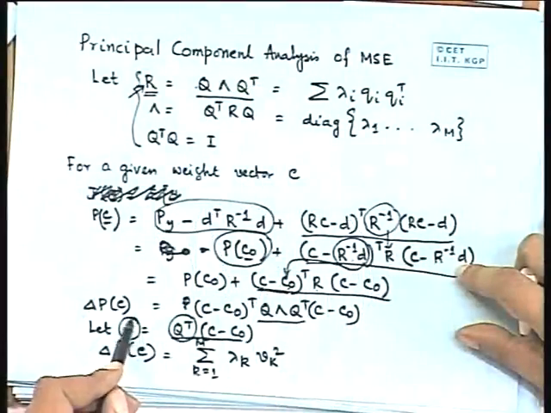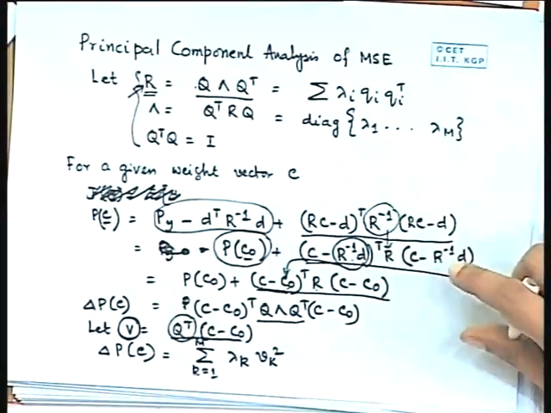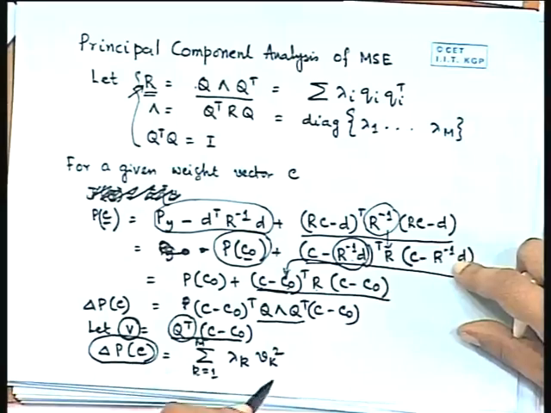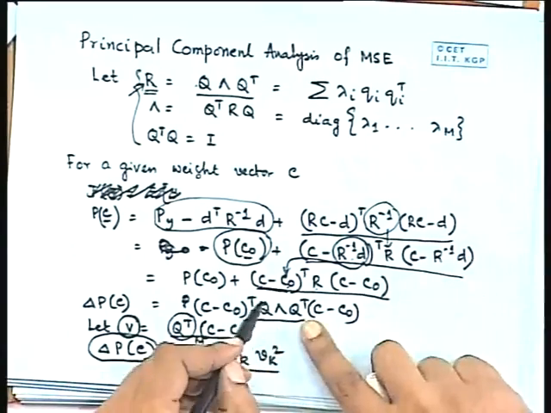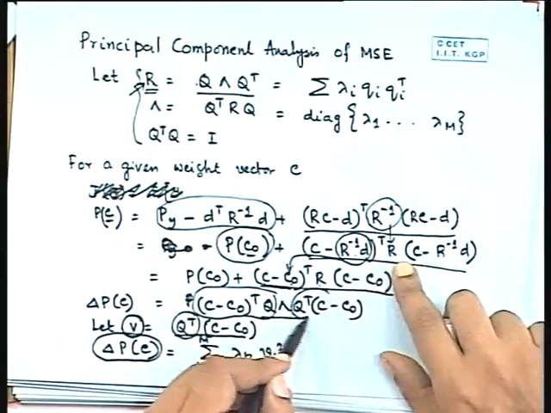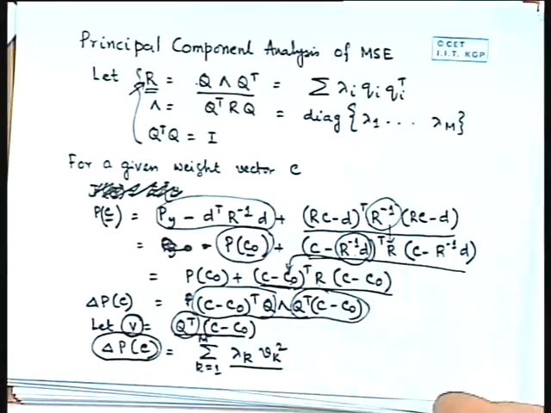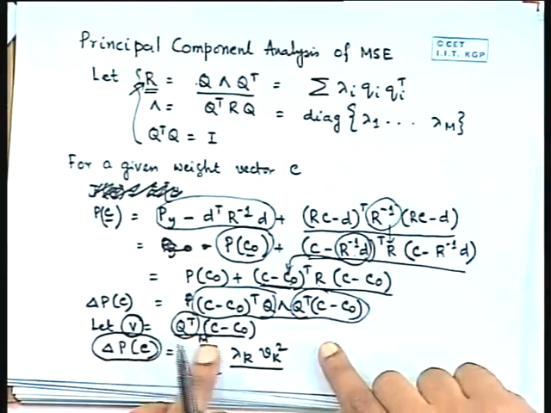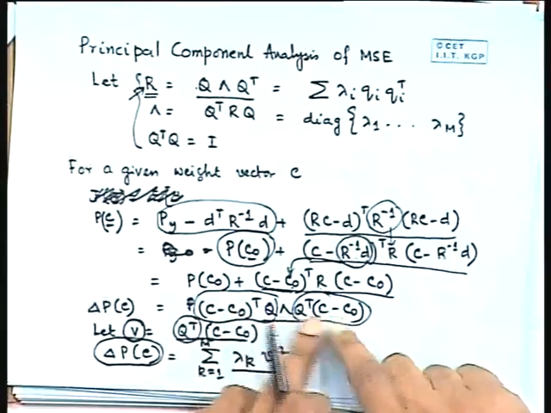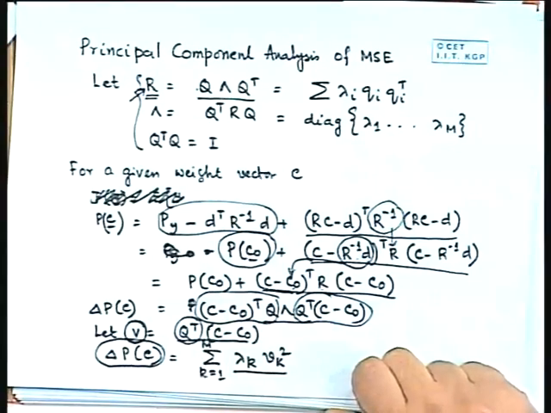So if I express V in terms of eigenvector coordinates, then my error is actually expressed like this, because now this will be V transpose and this will be V. So it is V transpose gamma V, where gamma is diagonal.